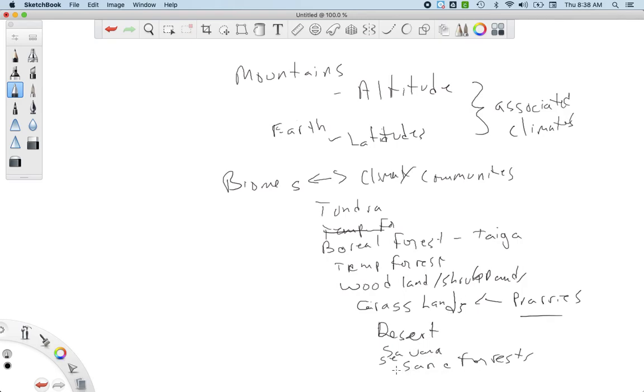So tropical rainforests are where we find probably the greatest diversity of biological creatures in any of the biomes, because the limiting factors are less there. There's more water, there's more heat, and more nutrients in warm, wet biomes like tropical rainforests.